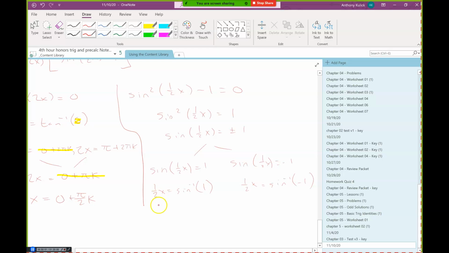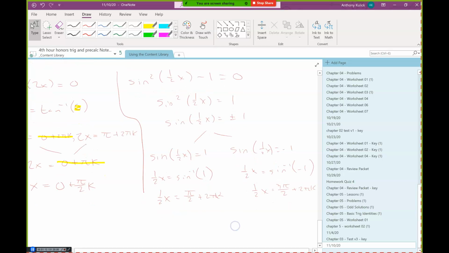If I go to my unit circle, sine is equal to 1 when the y-coordinate is 1. That happens at pi over 2 only. And sine is negative 1 at 3 pi over 2 only, and everything coterminal to it. Then we multiply both sides by 2.